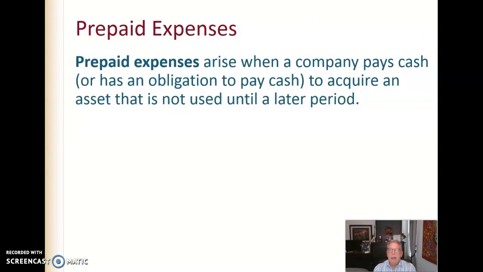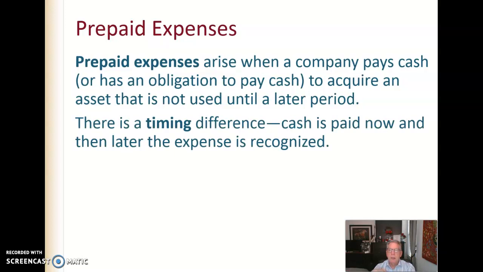These prepaid expenses arise when a company pays cash or has an obligation to pay cash to acquire an asset that we're not going to use until a later period, like prepaid rent. There is a timing difference here. Cash is paid now, but later the expense is recognized.